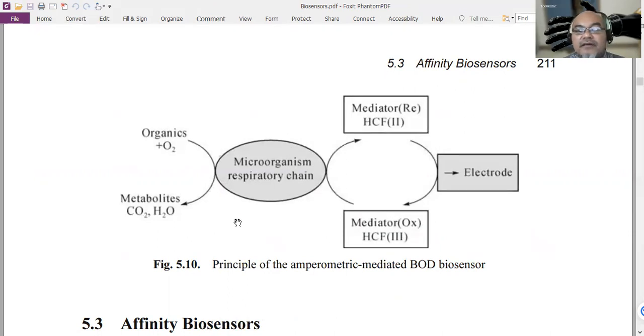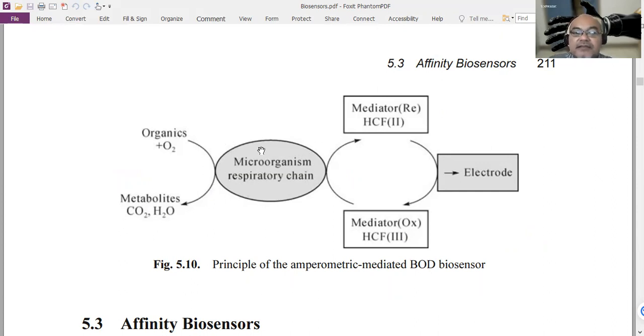Okay, so we have the microorganism, and the organic source and oxygen will react with the respiratory chain within that organism. The oxygen will be processed in the respiration of the organism, usually in the mitochondria within that cell, and it will produce metabolites like carbon dioxide or water.